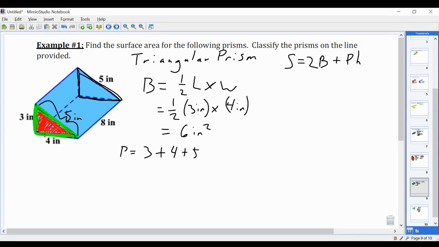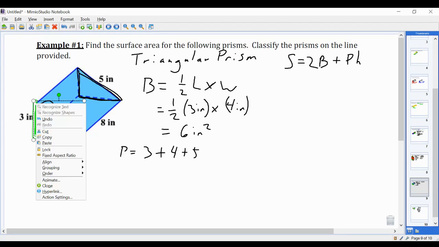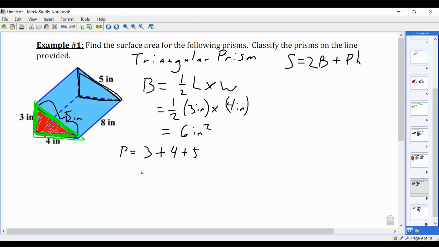And one more time, where did that come from? We started up here, and we just go all the way around the triangle and add up all the side lengths. 3 plus 4 plus 5. Add that all together. We get 12 inches.